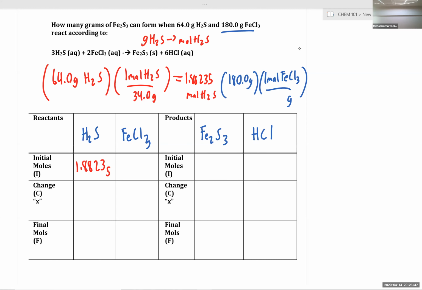Yep, exactly right, 162.3. Okay, so now we punch that into our calculator. And that gives us 1.10905 moles.